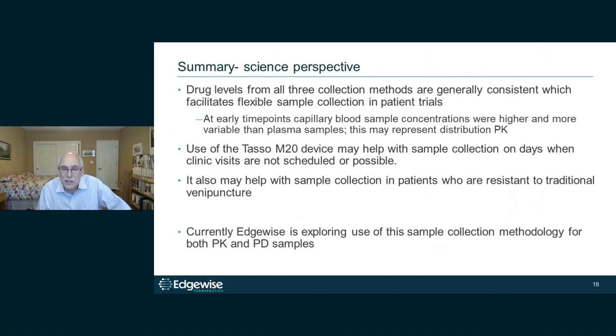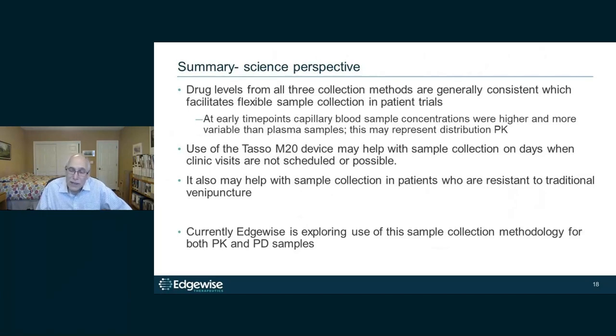And the use of this TASO device will certainly help us with sample collection on days where clinic visits aren't scheduled or possible, and it will reduce the fear factor in the young boys, and it will allow us to collect samples from those patients who are very, very reluctant to have traditional venipuncture.